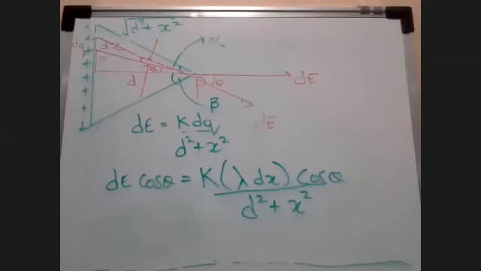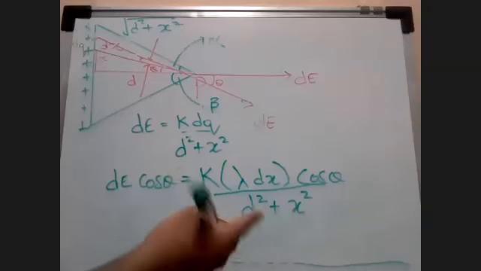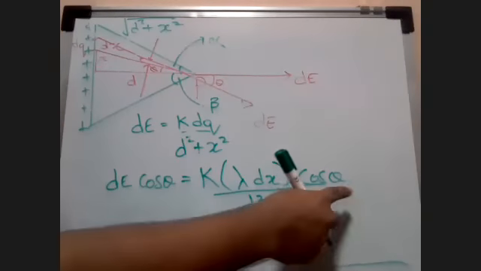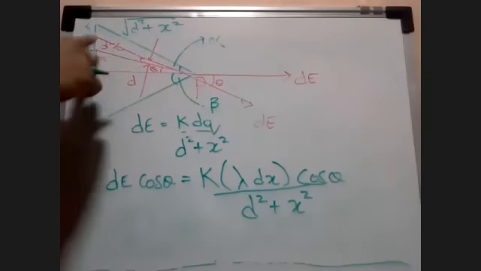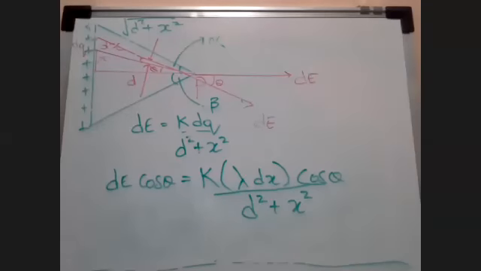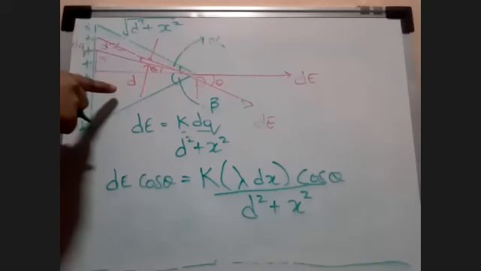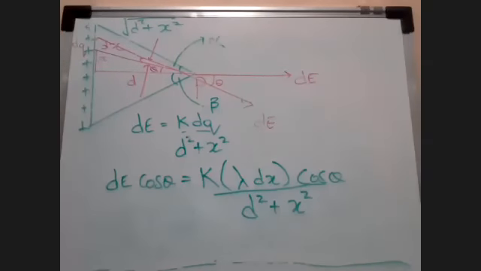Now you see, it's still in two terms, x and theta. So we'll turn it into terms of theta. Look at this small angle theta. What is tan theta? Tan theta is opposite by adjacent. What is opposite? x. What is adjacent? d. So tan theta is equal to x by d.